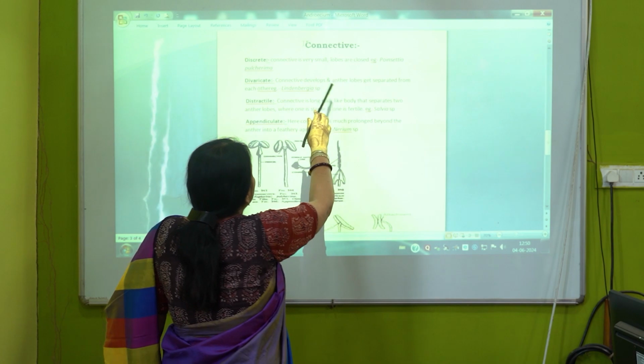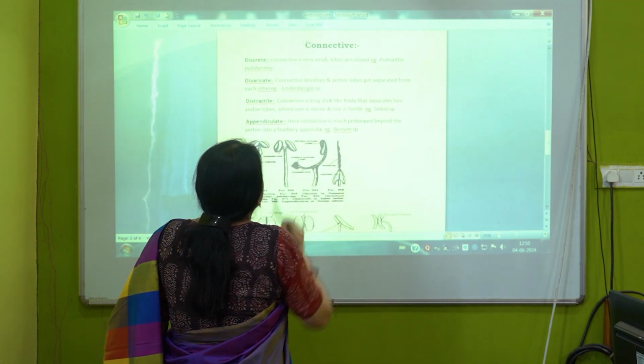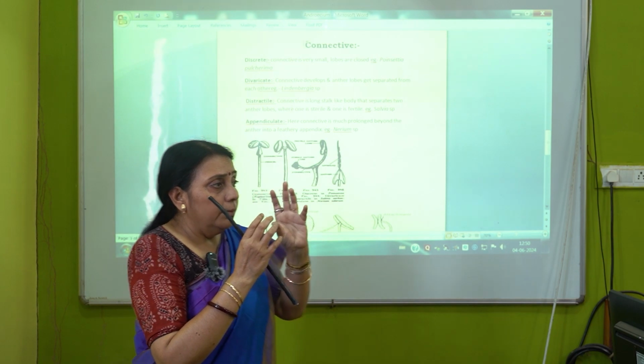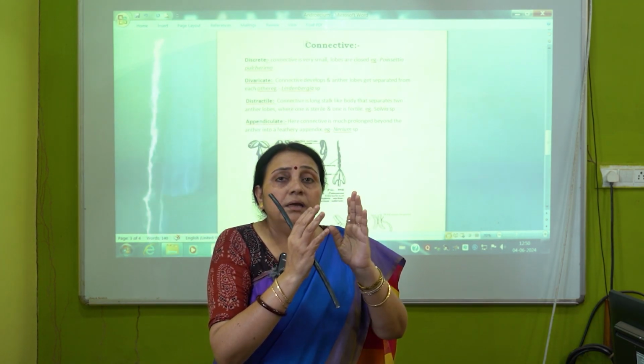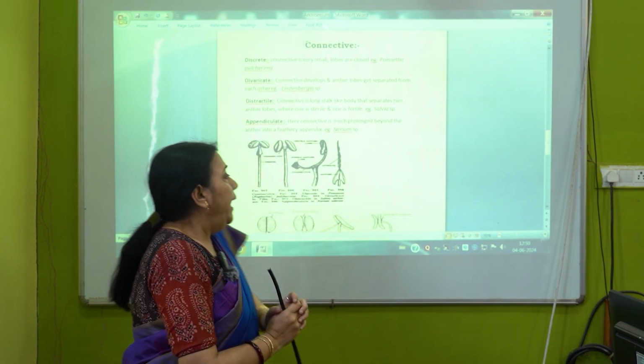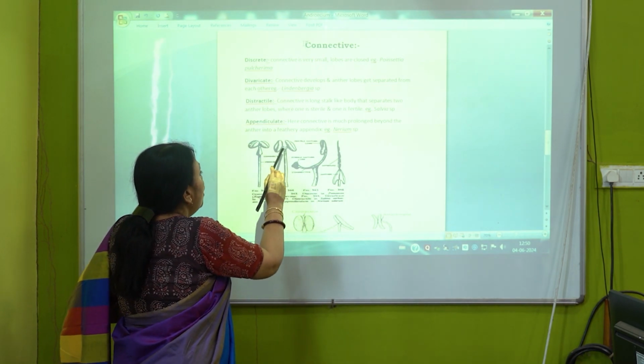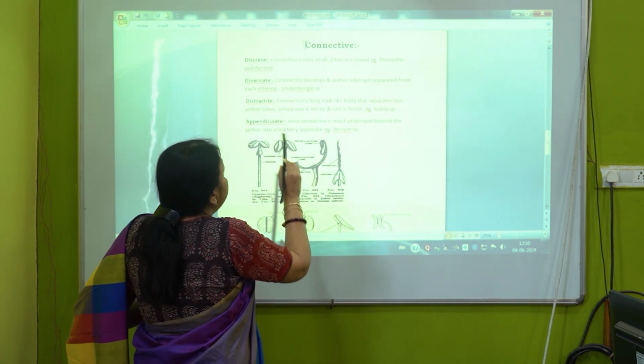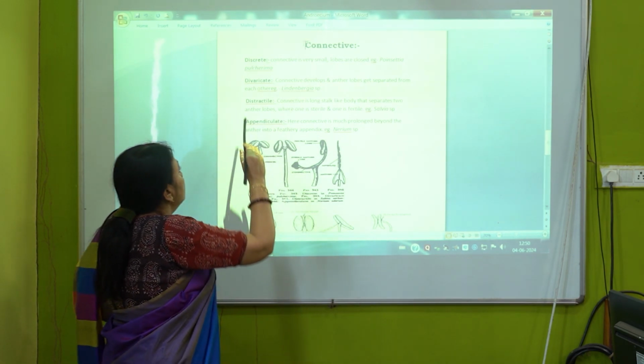Now, if we consider the structure of the connective, it is a mass of tissue between the two anther lobes. And on the basis of the structure of the connective, the stamens are of different types. What are they?